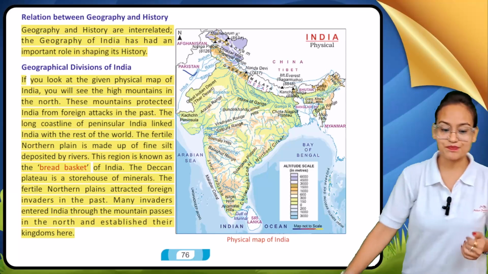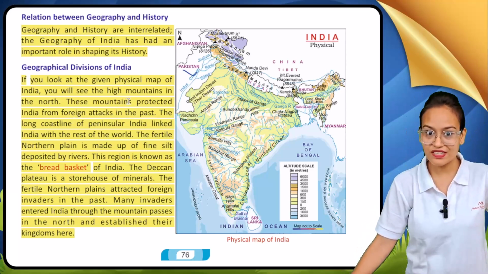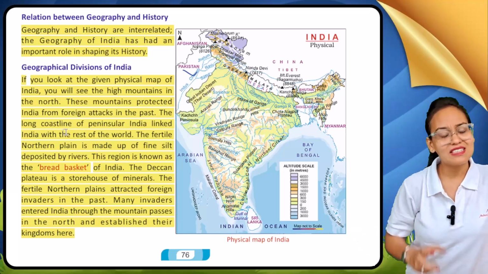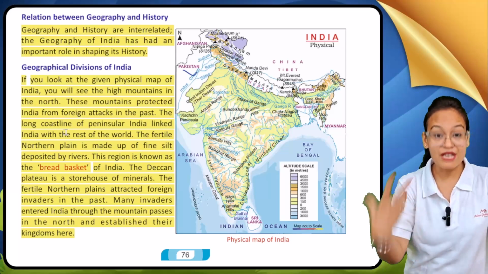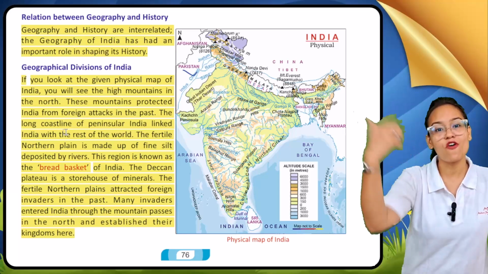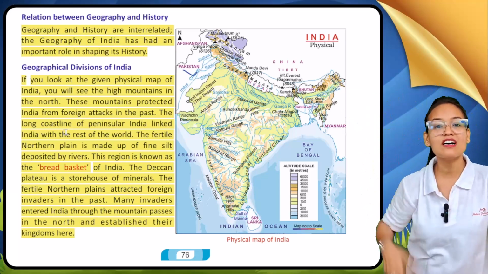In our country India, we have high mountains in the northern area. What work do these mountains do? The Himalayan mountains protect our country from foreign invaders as well as the cold breezes which come through the European countries.